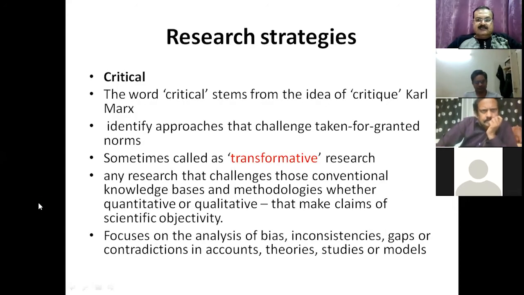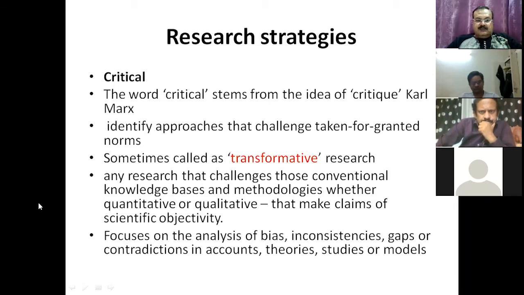Another research strategy which has come into force, and I'll talk about it later, is called critical. The critical basically has come from Karl Marx's critique. It is research which challenges the norms or the evidence which is already established. This kind of research is sometimes called transformative research because it is going to transform the already established theories by challenging them.